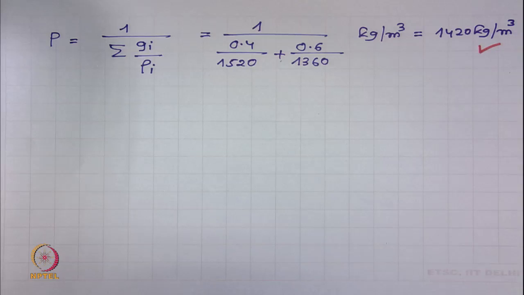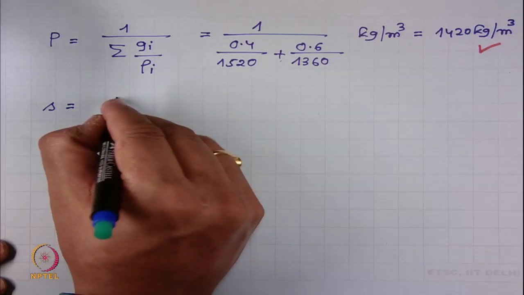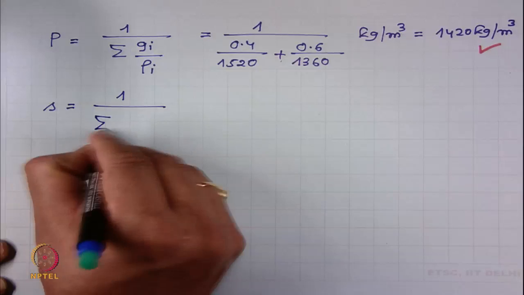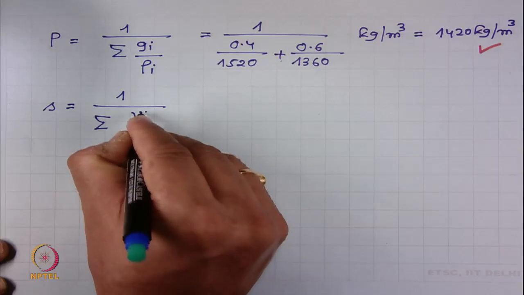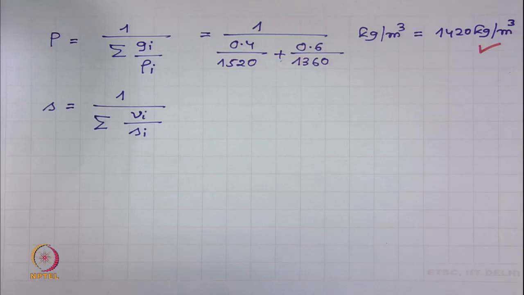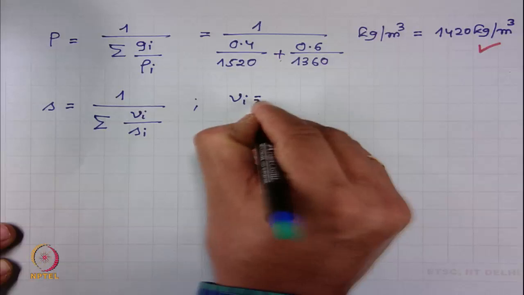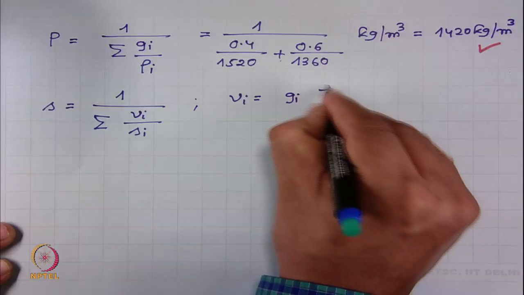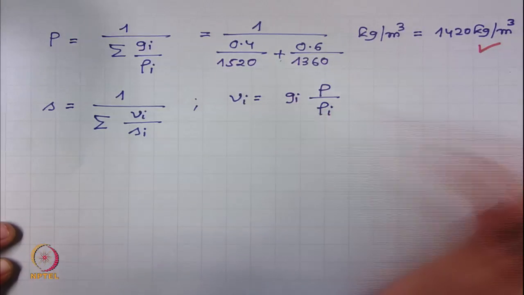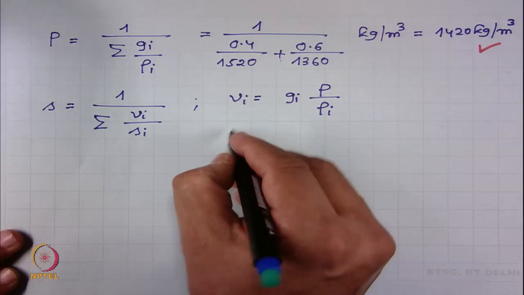Now, we calculate the fourth one, mean fiber cross sectional area, S. What is S? S is equal to 1 by summation volume fraction by individual S. Now, what is volume fraction? Volume fraction is equal to mass fraction times mean fiber density over individual fiber density. So, let us calculate V1 first.